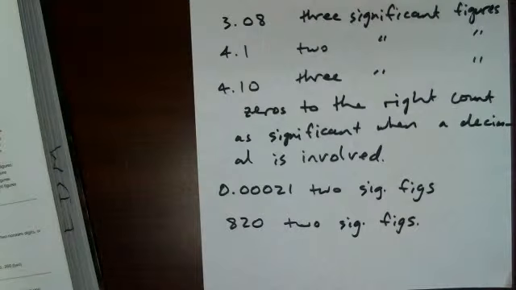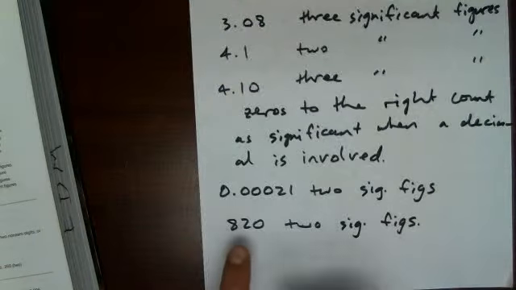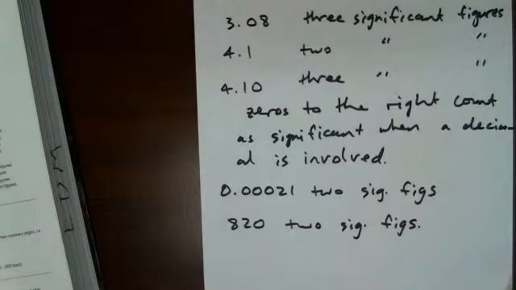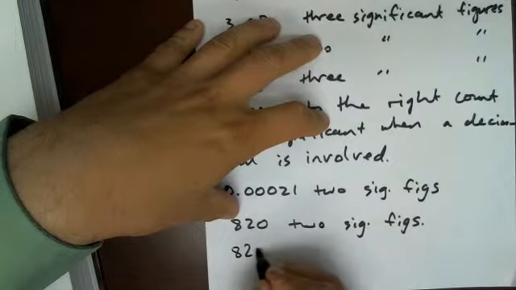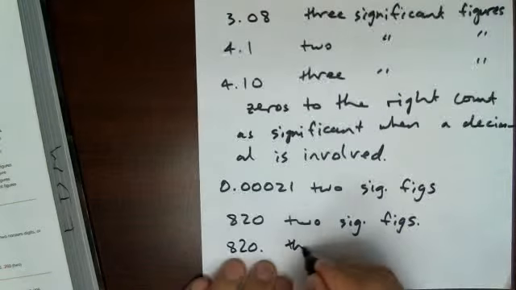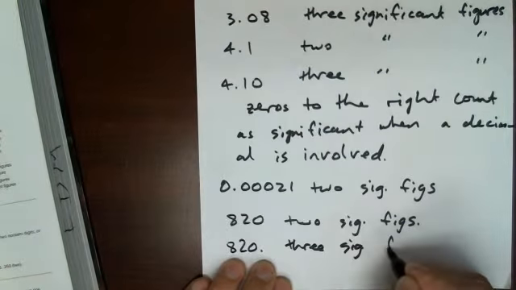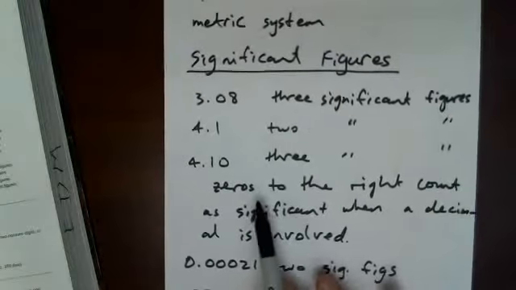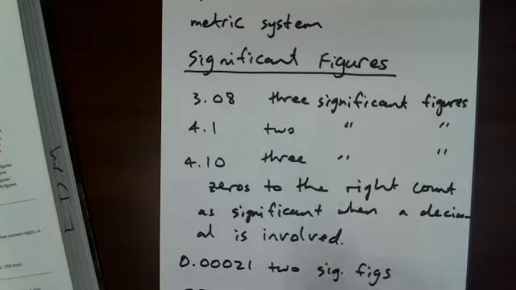It might be 818, 822, something like that. And so it's implied that if it ends with a 0, it's really only accurate to the 2 sig figs. If it was intended to be accurate to 3 sig figs, to that last place value, what people do is they put a decimal place there. And so that would then be 3 sig figs. The basic rule is that zeros to the right count as significant when a decimal is involved. Otherwise, you can't rely on them.